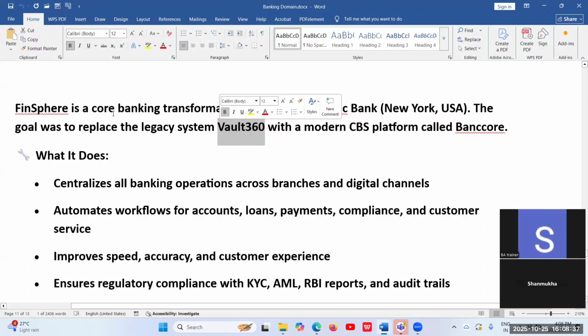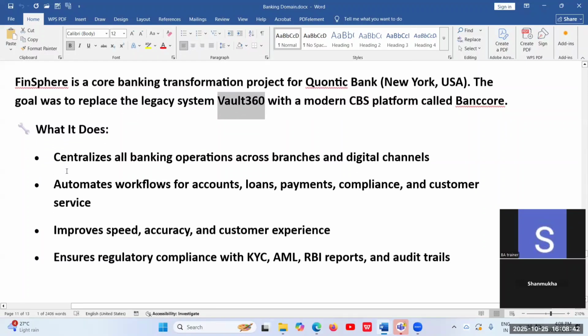Okay, so what does FinSphere mean? Basically, when you walk into the bank, the customers will reach out to the teller. Teller, in the banking domain, means the one who operates the system in the bank.